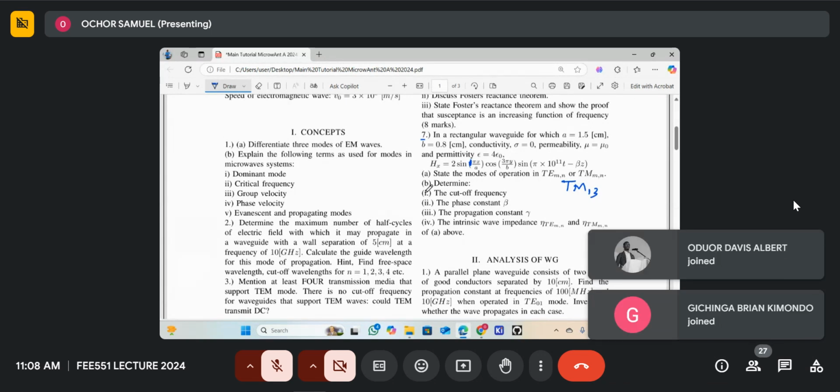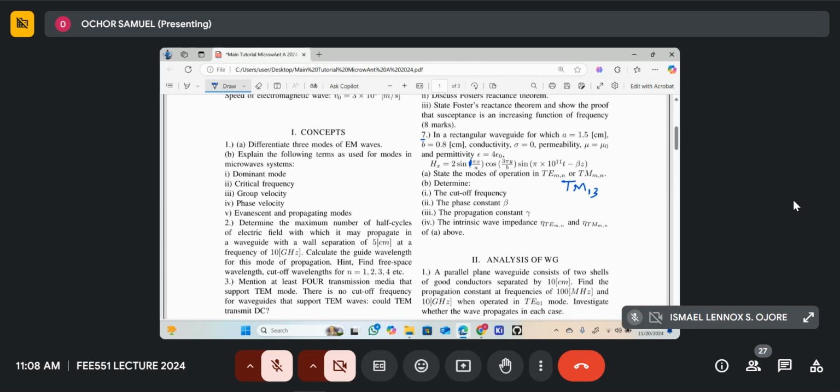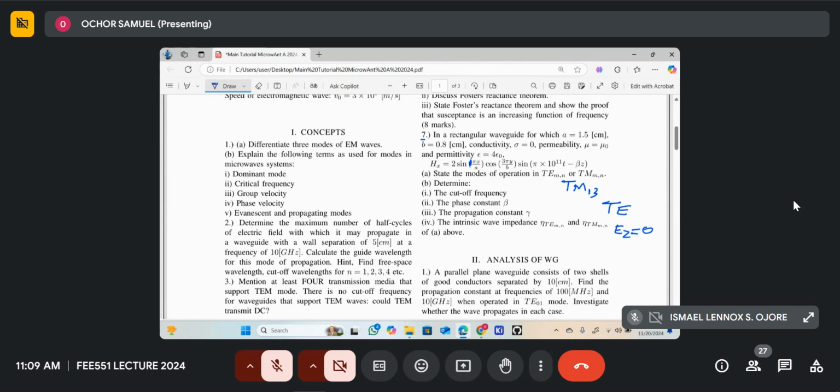Yeah, Tony, I think it could be both, because for TE, which components are in the transverse plane? Okay, for TE, transverse electric, we have the Ez component being 0. So that means we can have Ex and Ey. Ez is 0 and Hz for TE.